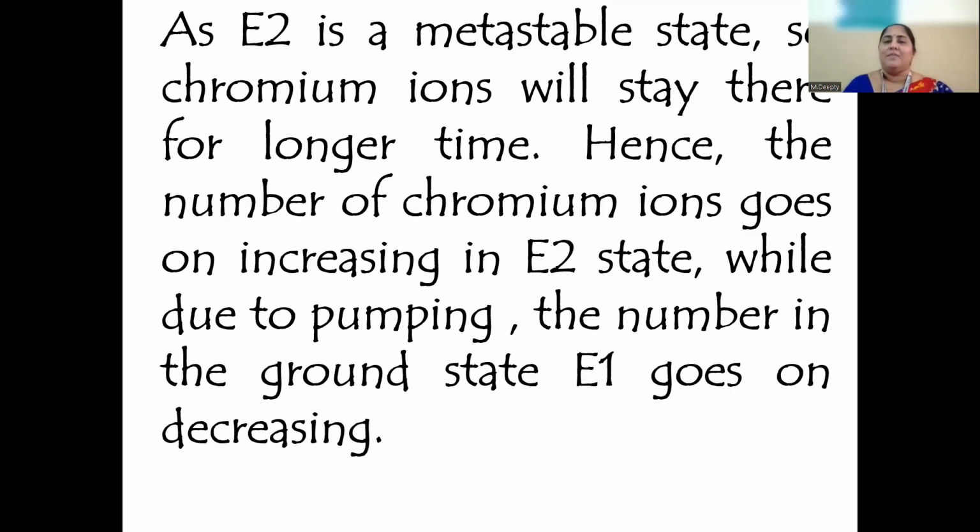These atoms keep increasing, where we achieve population inversion. The definition of population inversion is that the ground state atoms are fewer when compared to the higher excited state. So at E2, where we continuously get more atoms from the excited state, population inversion will be achieved at the metastable state.